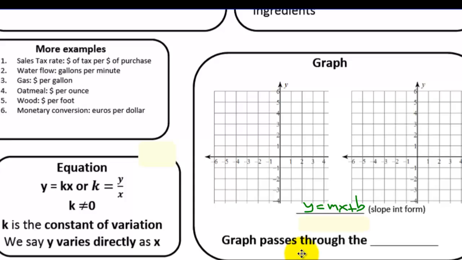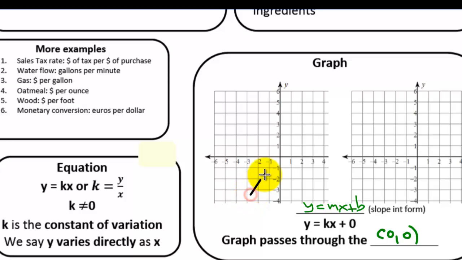Going back to our slope-intercept form, which is given as y equals mx plus b, our direct variation equation is actually of the form slope-intercept form. The y-intercept is actually equal to 0. It means that whenever you graph a direct variation, the graph always passes through the origin. If I'm going to graph a direct variation, it will just be a straight line passing through the origin.